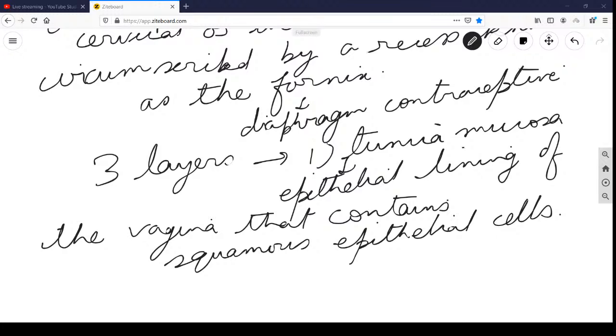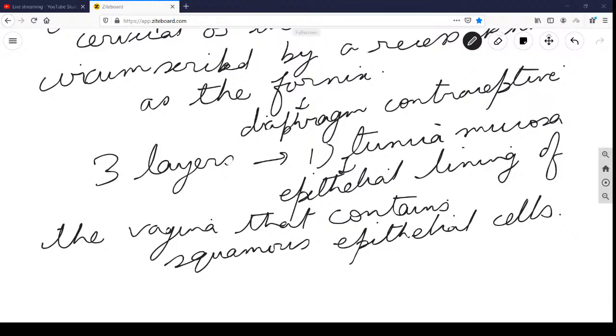Next, this layer also expands under the influence of estrogen and undergoes hormone induced changes in thickness, and also one more thing I'll tell you, in storing a carbohydrate like glycogen during the menstrual cycle. Great point, this is as far as the NEET examination is concerned.